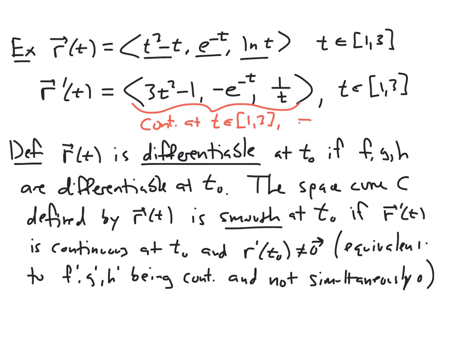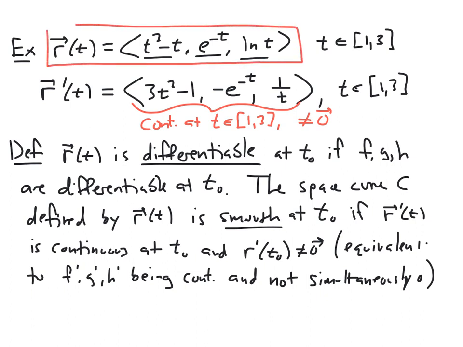And it's not going to be equal to 0 for t between 1 and 3 as well. And so this r of t function that I wrote down at the beginning is an example of a smooth vector function. Right? It has a derivative which is continuous on the interval, and it is not equal to 0 there as well.